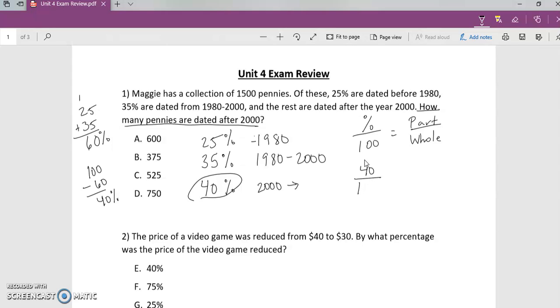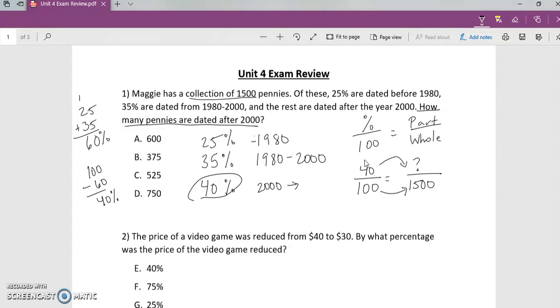It's out of 100. The part, I don't know. But I know that the total for the whole collection is 1,500. So now I say, okay, well, what's my scale factor? Like, how do I know what number I am multiplying by to go from this number to this number?